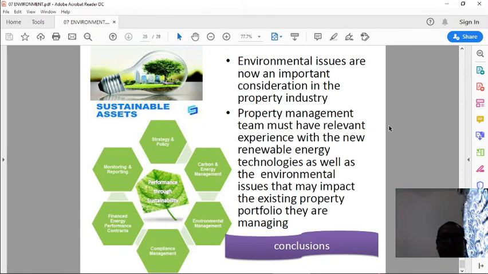So as responsible property managers, try to balance the costs with the environment. Don't just focus on using cheaper materials, because eventually it will poison the surrounding areas, and especially the occupants inside our property. Okay, so I think that's about it for today.